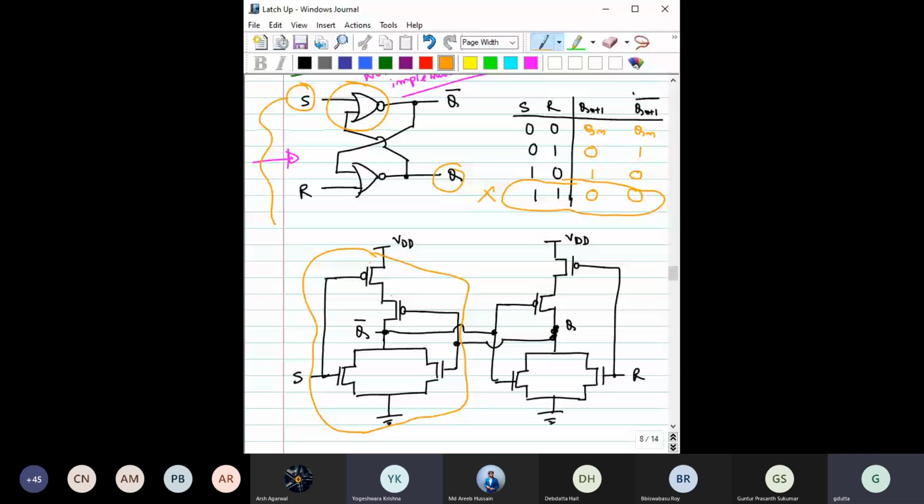Any doubt? Similarly, for this one, one input is R, and the other input is this Q bar. That basically makes the implementation of this circuit in CMOS.